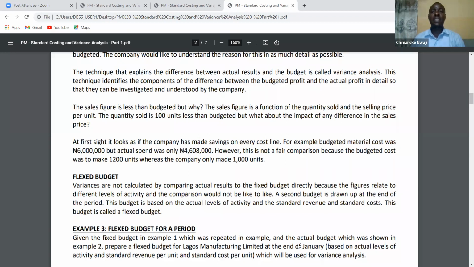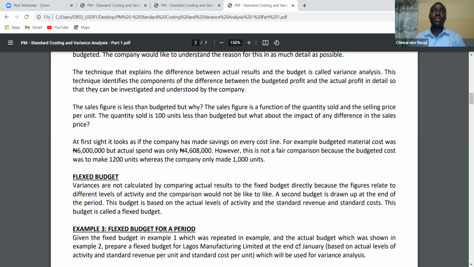So that word, if I had planned for the 900 units that was actually sold, would the results be favorable or would it be adverse?